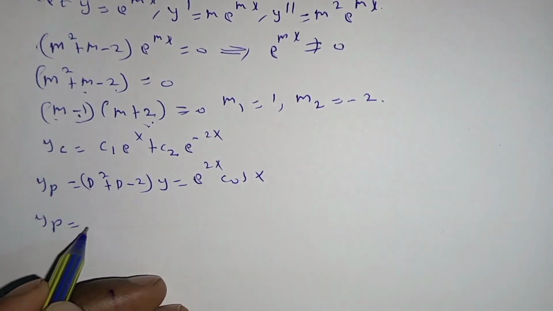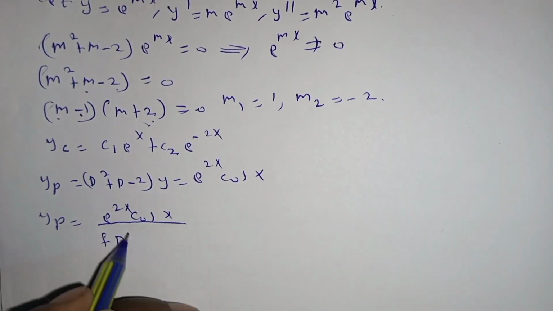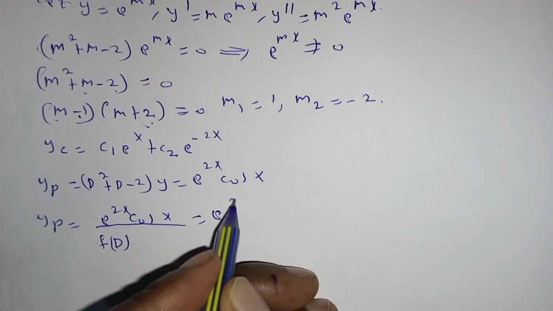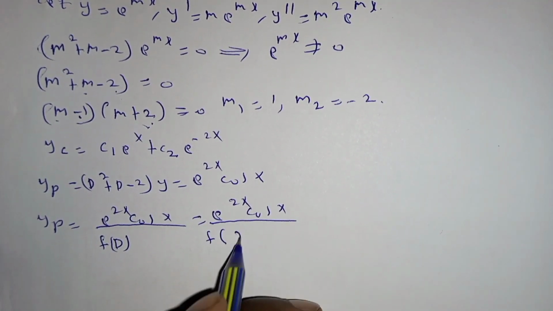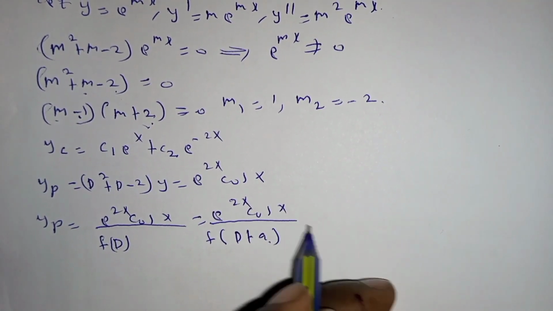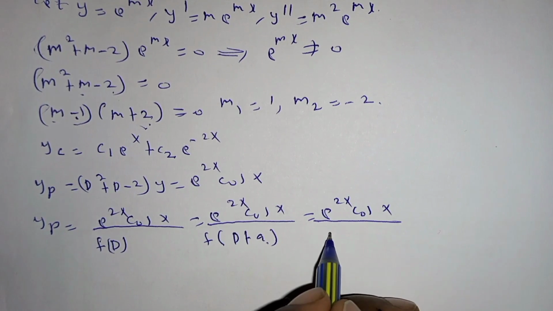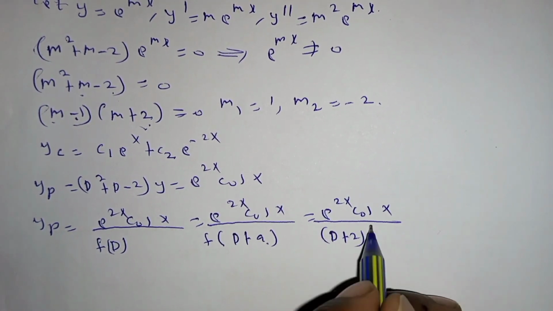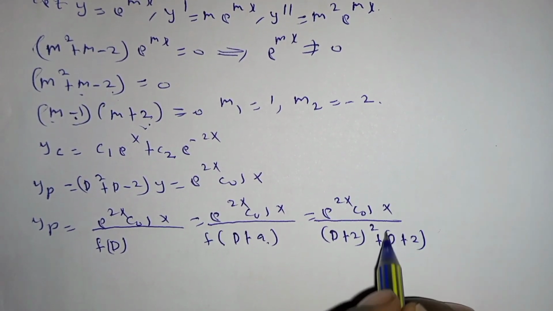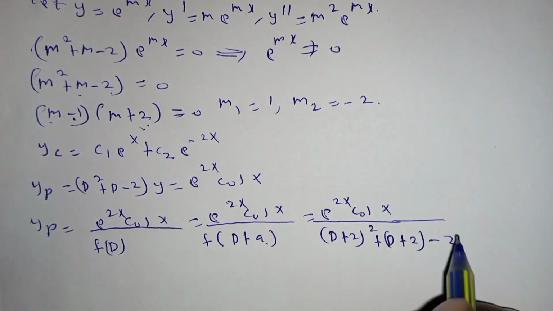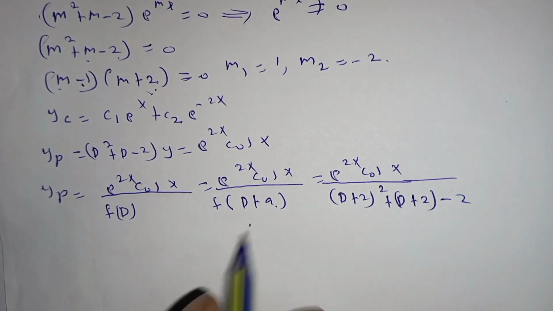Our yp will be equal to exponential 2x cos of x divided by f of d, which is equal to exponential 2x cos of x over f of d plus a, which is equal to exponential 2x cos of x divided by d plus 2, you square that, plus d plus 2, that one, minus 2. So that is how that one will become, applying this principle there.